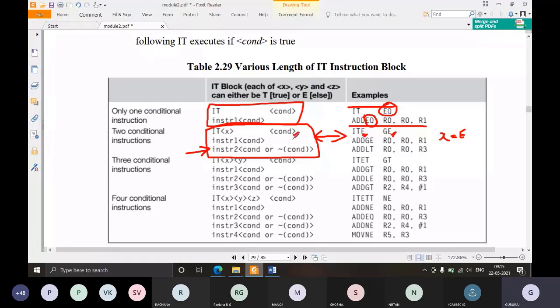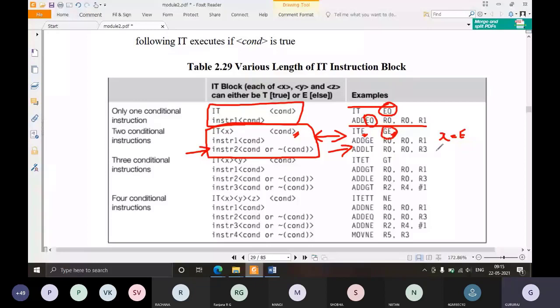So we shall see an example here. ITE, where E stands for the else or false part. That means the second statement in this IT block, which is ADDLT, should be executed only when the condition of the IT block is false. What is the condition we are checking for this IT block?